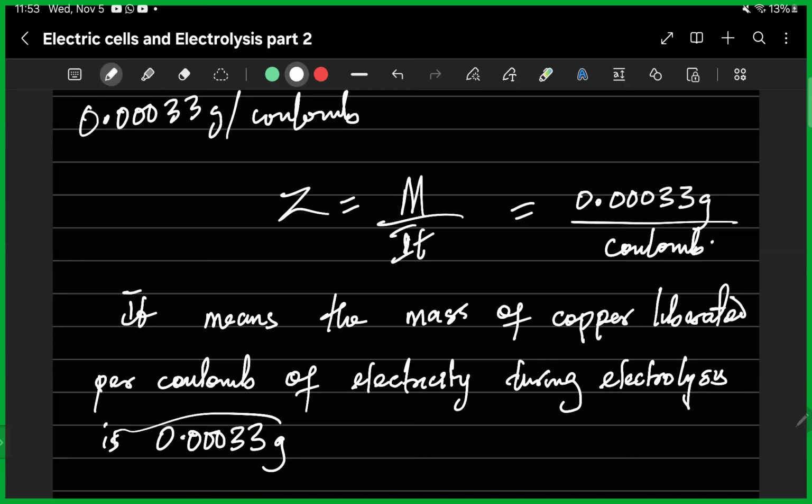So this is the mass, and it is per coulomb of electricity. So that's the meaning of this.